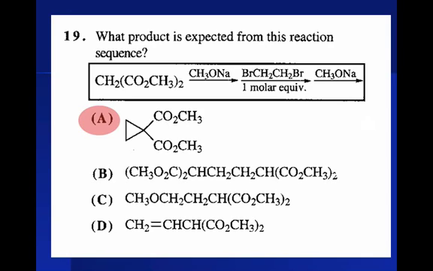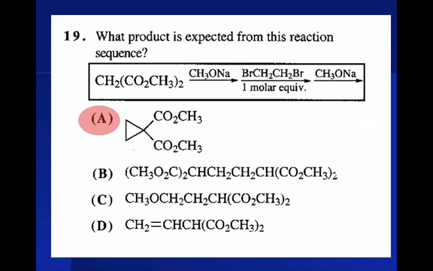That's ultimately what happens in the second step. That happens, right? And that's how you get the product. And it forms a cyclopropane ring, right? So we can form 3-membered rings, 4-membered rings, 5-membered rings with this type of a reaction.